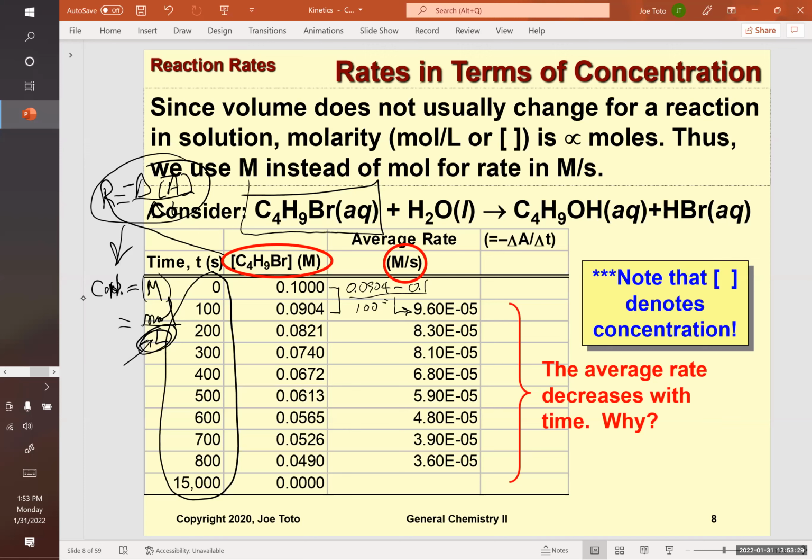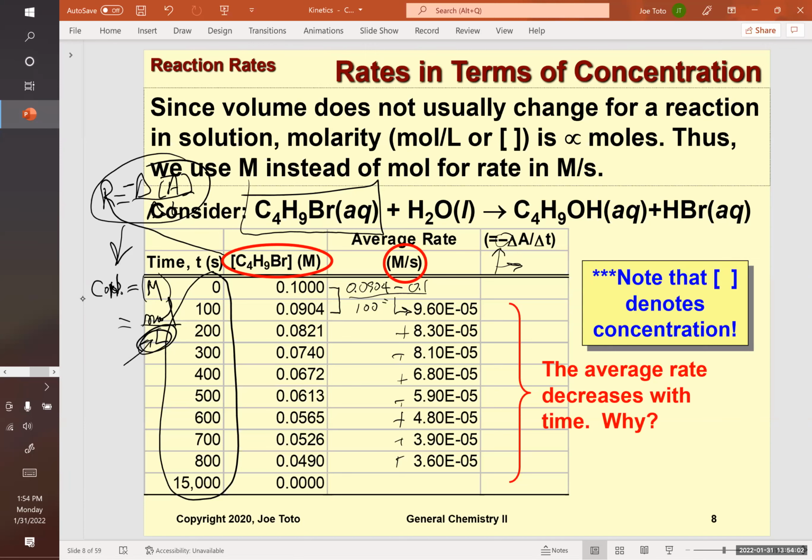And I took that negative sign away because this is going to be negative, but a negative times a negative makes all these positive. So we talk about positive rates. It's just that we're saying this is the rate of consumption, so it's understood that that negative canceled out.